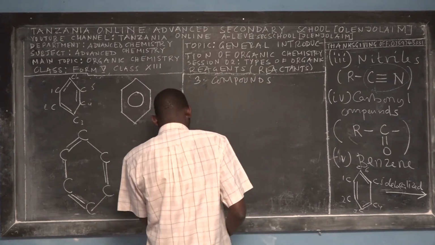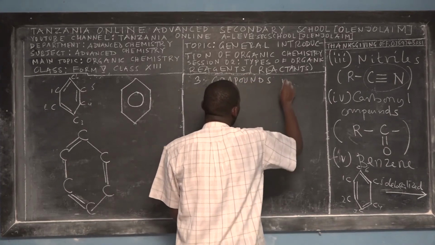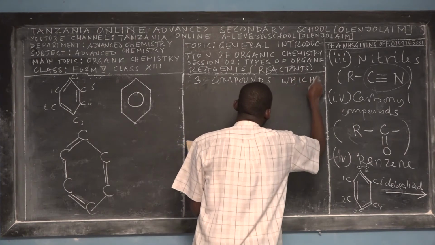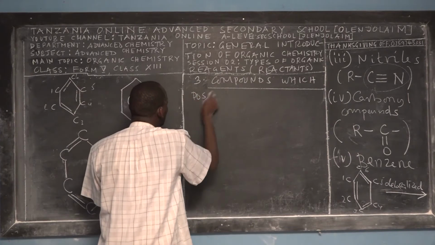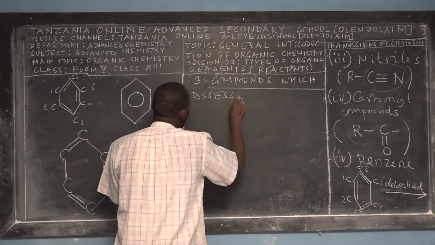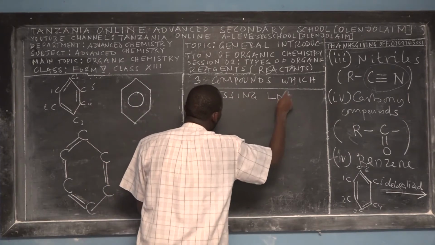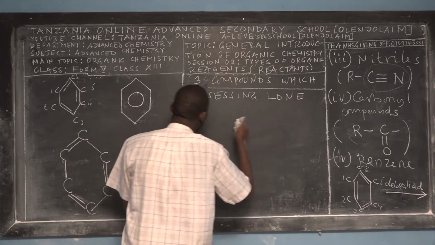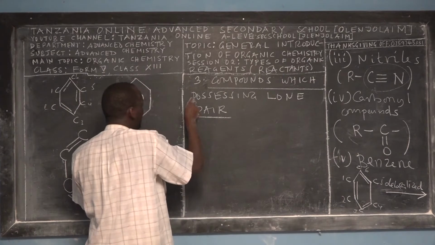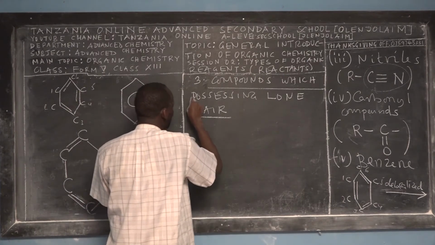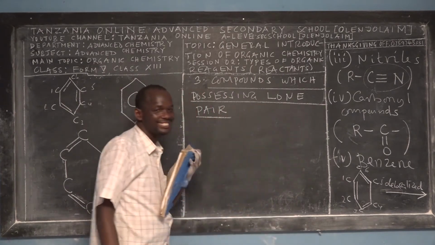Compounds possessing lone pair. Another type of nucleophile is compounds which possess lone pairs. So if you hear the word lone pair, you have to remember our best friend, which is called chemical bonding.